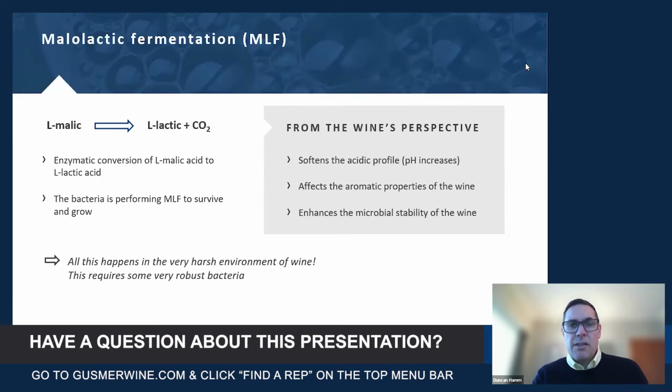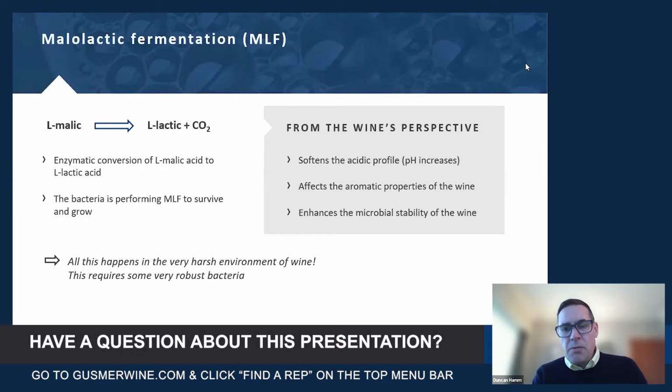But malo doesn't just soften acidity. It will also affect the aromatic properties of the wine. And it can be in various ways. It could be through the production of diacetyl, which gives that buttery flavor, or it could be through modulating the fruit impact as well. And lastly, and this is a particularly traditional European idea around malo, and that is it gives microbial stability.